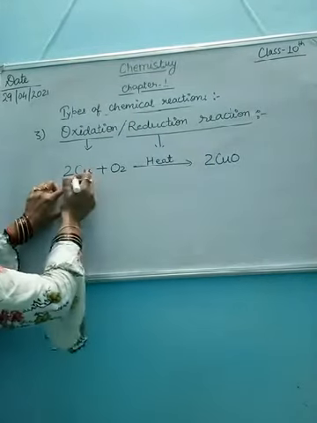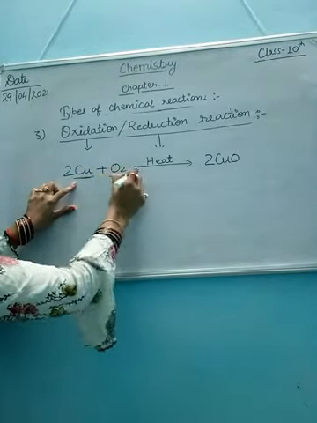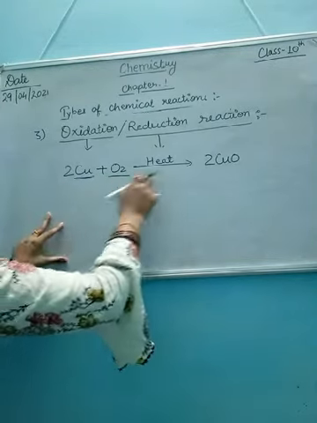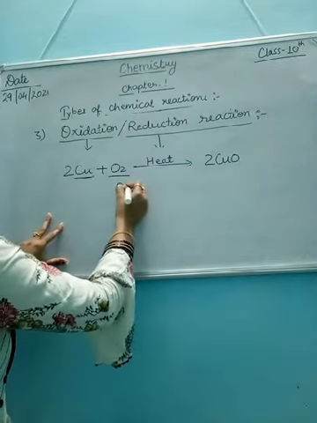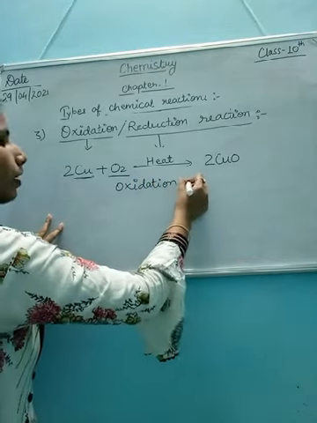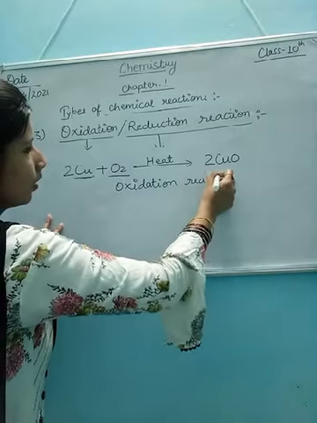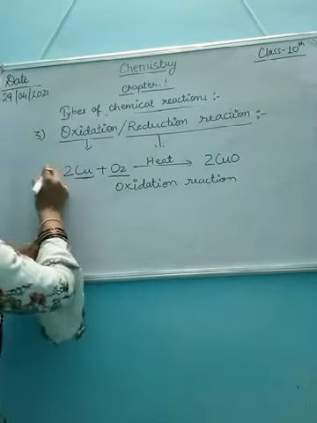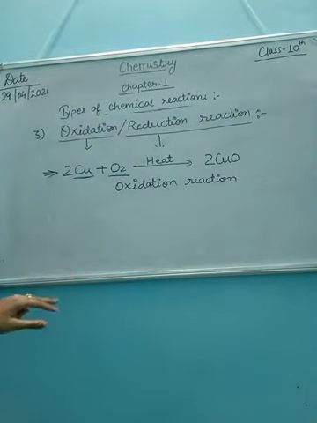In this reaction, copper gains oxygen or combines with oxygen. That's why it is an oxidation reaction. Now see another example of reduction.